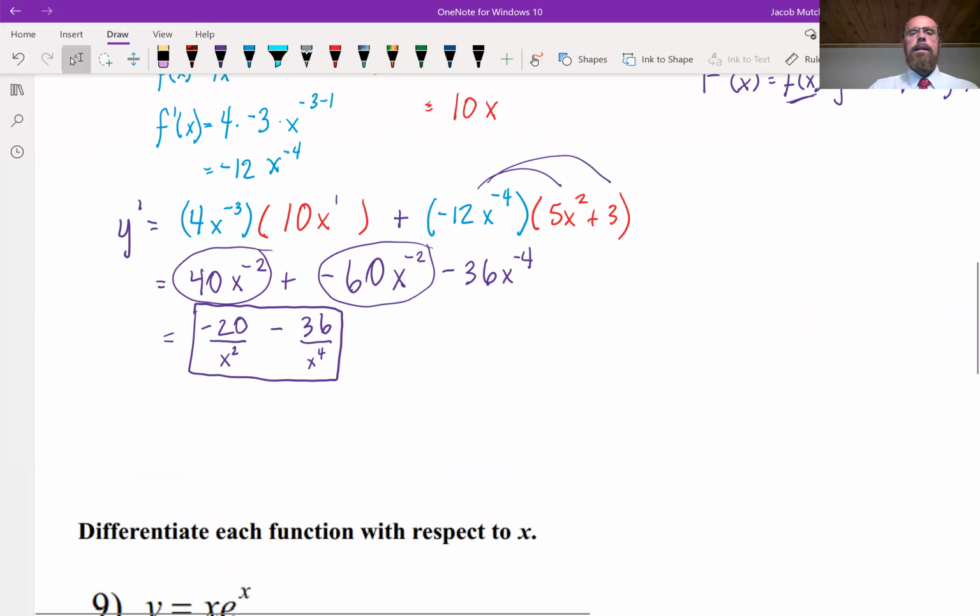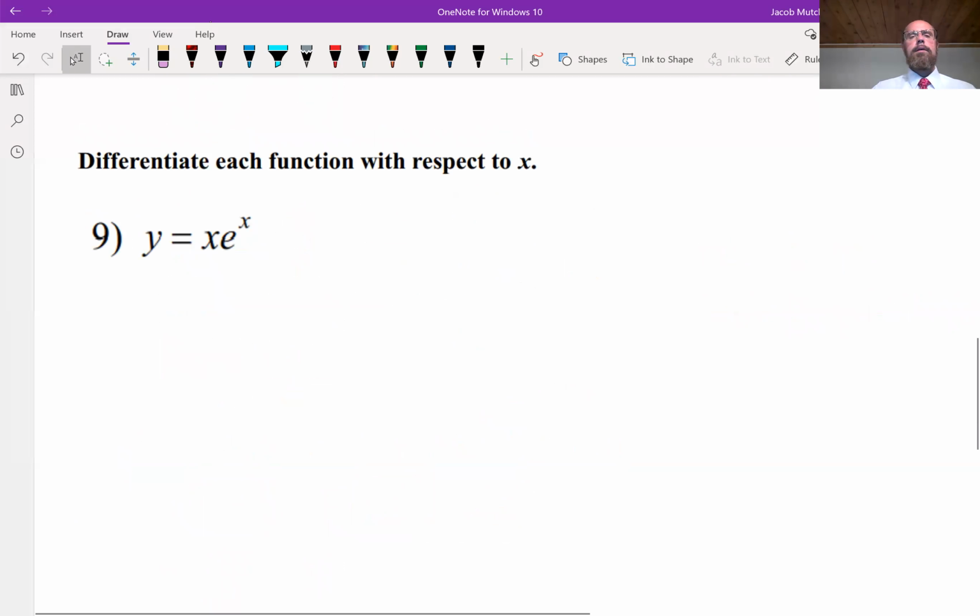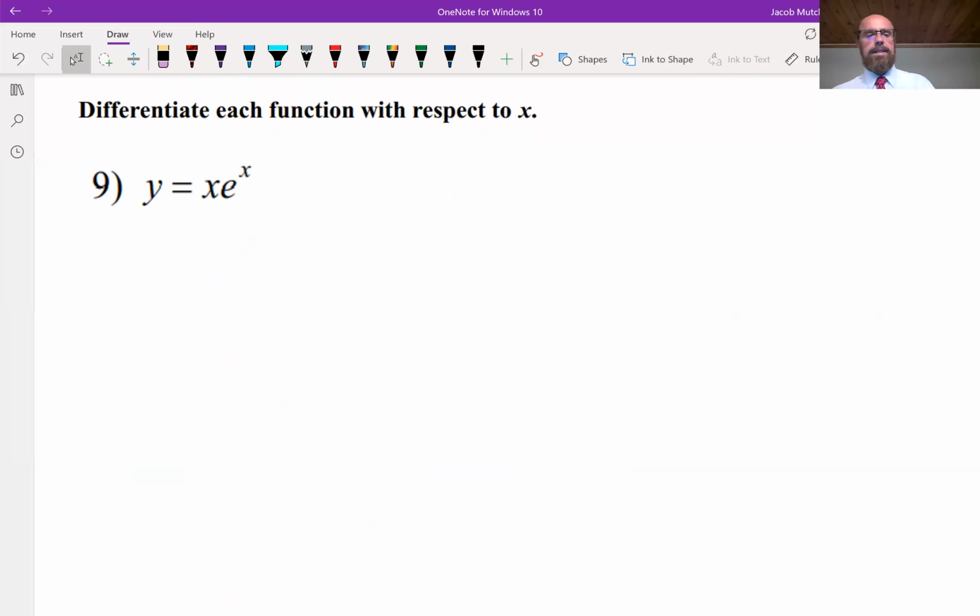Let's take a look at an example that's a product of a function that includes the base e. So here's our function y equals x times e to the power of x. What we'll see here is that our two functions, f of x and g of x, are much smaller. So f of x is simply x. So the derivative of f of x is going to be, by our rule for the derivative of the linear parent function, just 1.